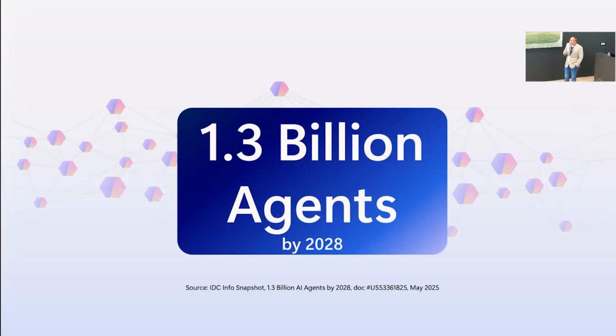1.3 billion agents are predicted to be in the workforce by 2028. And I was thinking to myself, I can get my iPhone out and I can put some apps. Are there 1.3 billion apps available for me to put on my iPhone? I don't think so. But if you think of just how many agents are coming to the workforce that are going to be skilled, right?